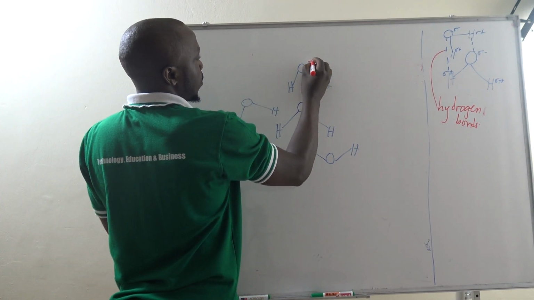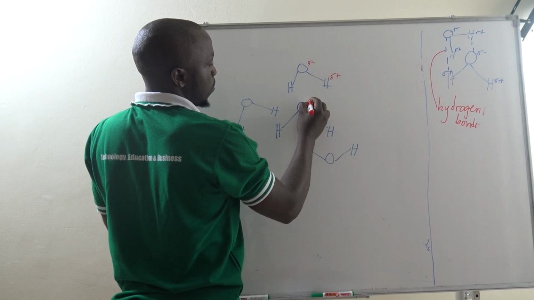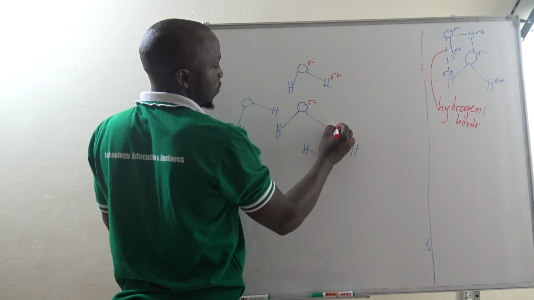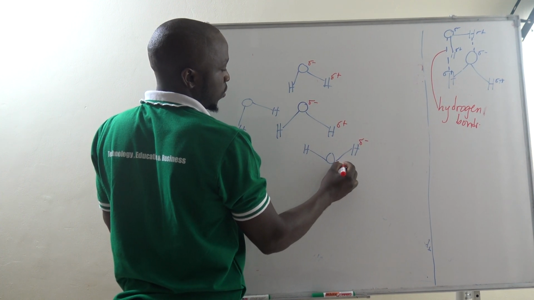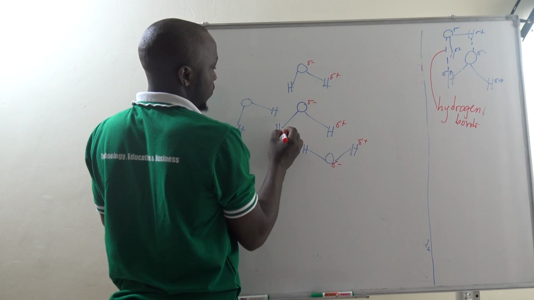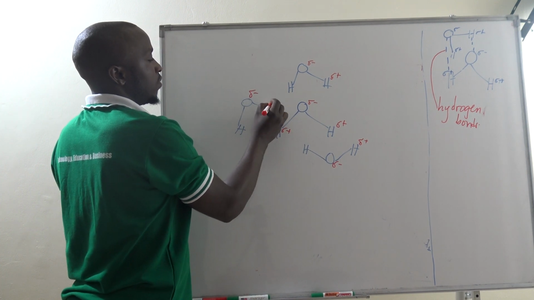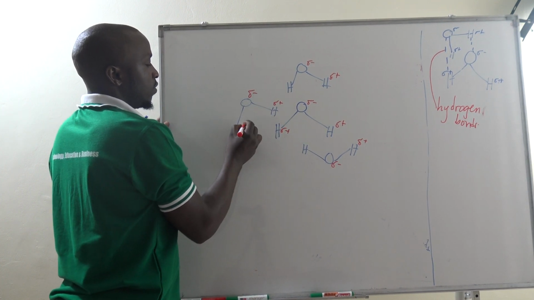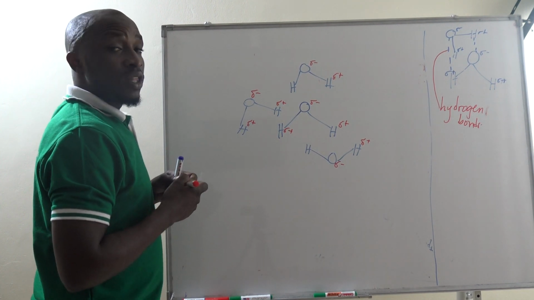So this is partial negative, partial positive, and so on. So how will they be linked?